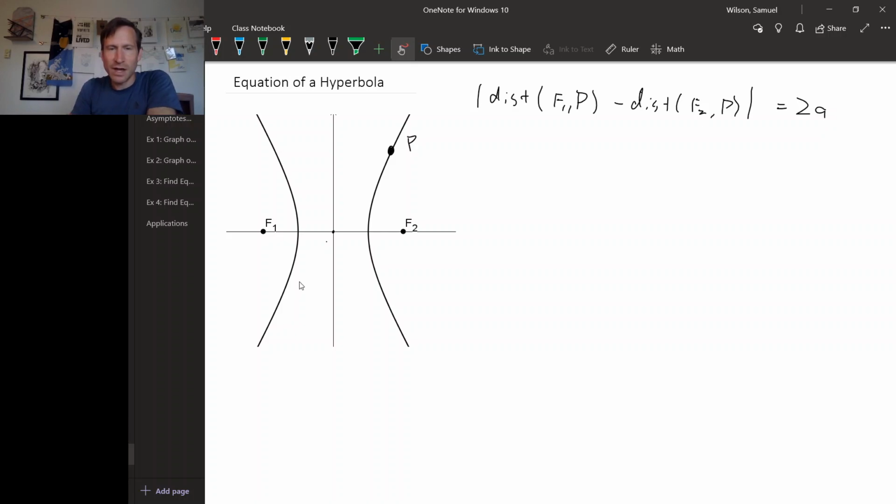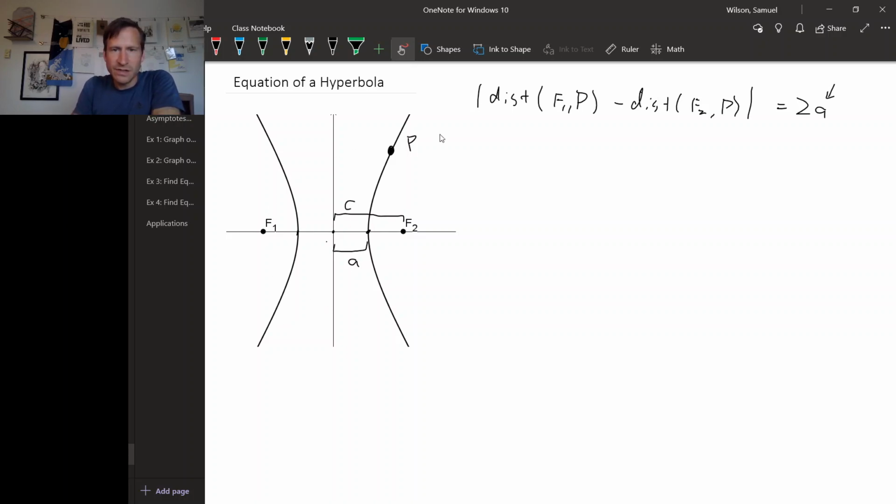And we figured out geometrically what this distance a means. It's the distance from the center to one of the vertices. Remember, the vertex of a hyperbola is this inner point, and there are two of them. So the distance from the center to a vertex is a, and the distance from the center out to one of the foci, we called that c.